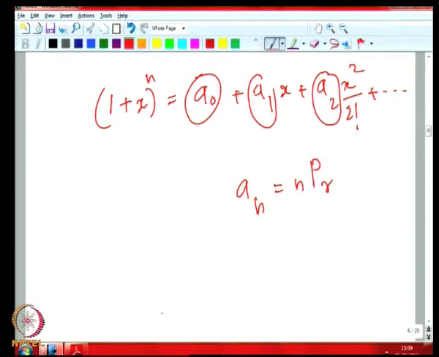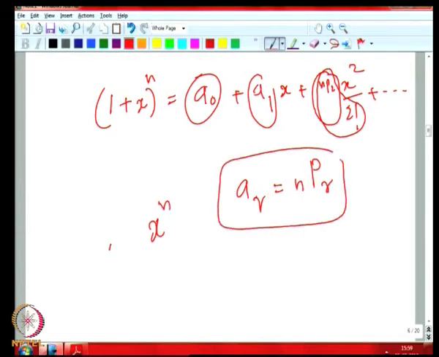Why is it so? If you put n p 2 by 2 factorial, it is going to be n c 2, which is the actual number which should be the coefficient of x square here. So, a r should be n p r.